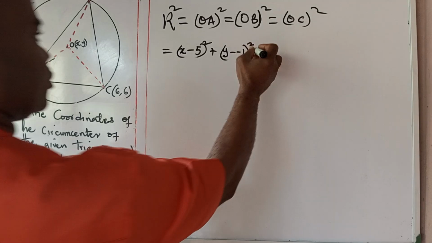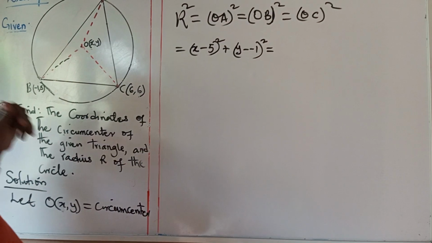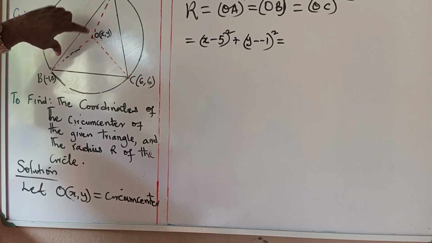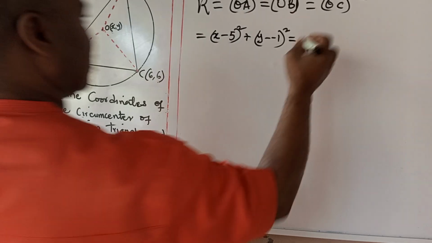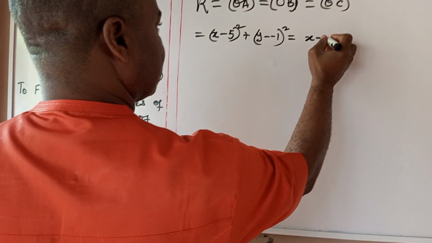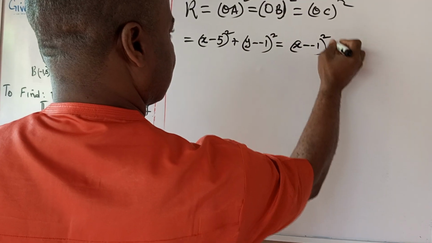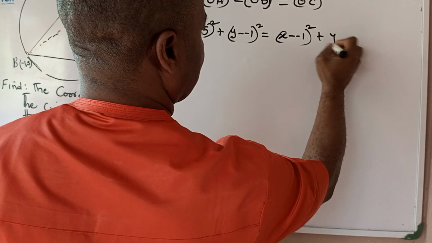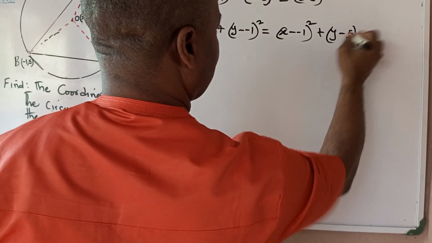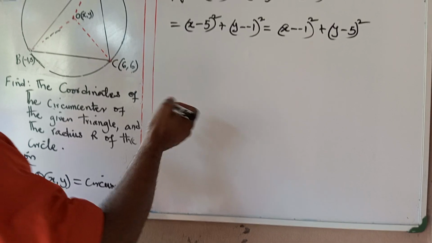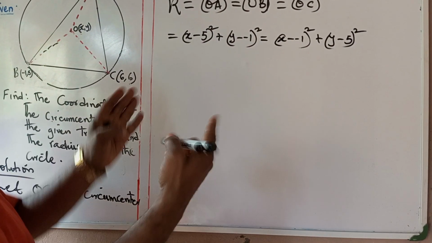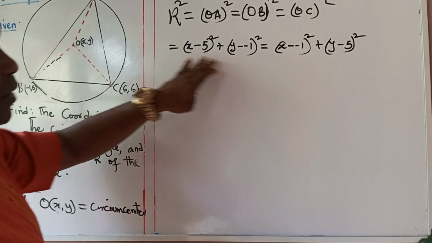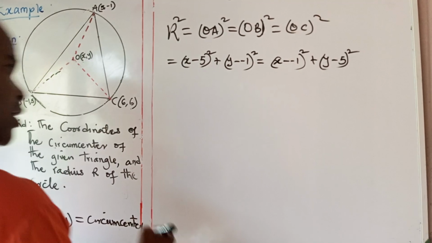Then this should also be equal to the right hand side. Let's look at OB. That is x minus minus 1 squared plus y minus 5, all squared.